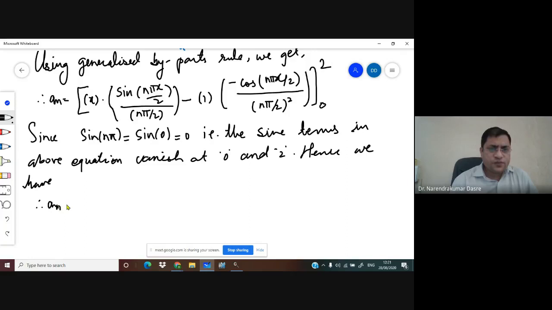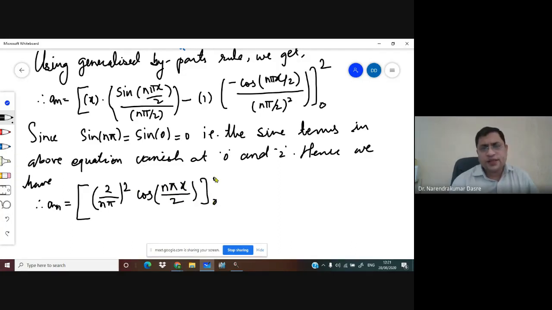an is equal to, this minus minus will become plus, so I'll be having 2 upon n pi square, and this is cos of n pi x by 2, and the limit is 0 to 2. I'll be having 4 upon n square pi square, and this cos of n pi.